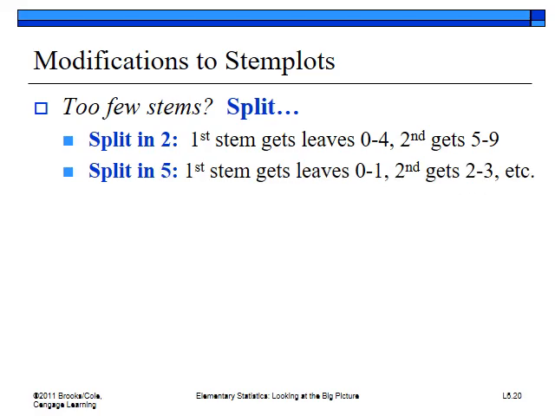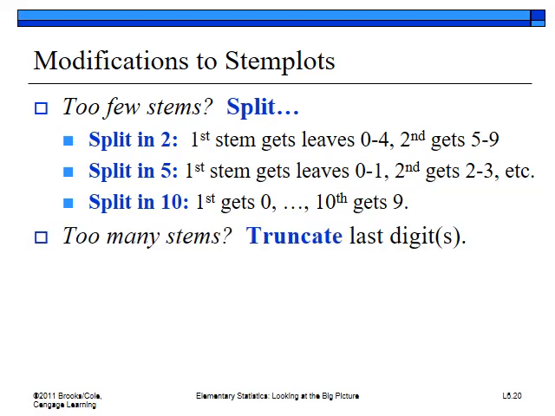Maybe that's still too few. In that case, we split them into 5. The first stem gets 0 and 1, the second stem gets 2 and 3, and so forth. If that's still too few, we could split it into 10 stems, so that each set of leaves is only a single digit. If there are too many stems, we cut off the last digit or the last digits.